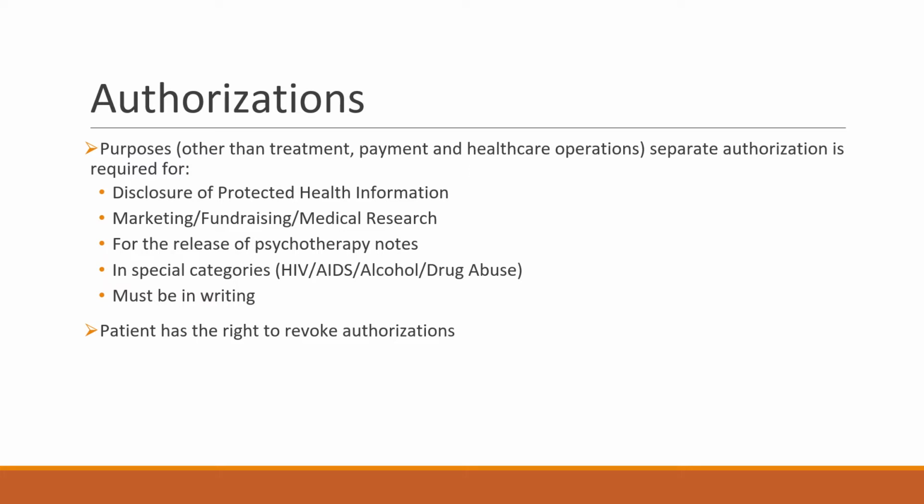The other requirement is for alcohol or substance use disorder treatment records. Once again, if you are going to be disclosing anything that pertains to alcohol or substance use disorder, regardless if it is for TPO, treatment, payment, or healthcare operations, you must get a signed release of information authorization form by the patient.